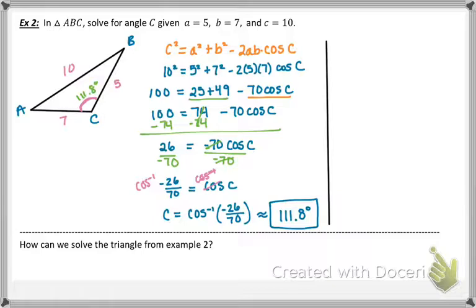So if I'm looking for angle B, I would use my match set: 10 over the sine of 111.8 degrees equals 7 over the sine of B, and then we can cross multiply.